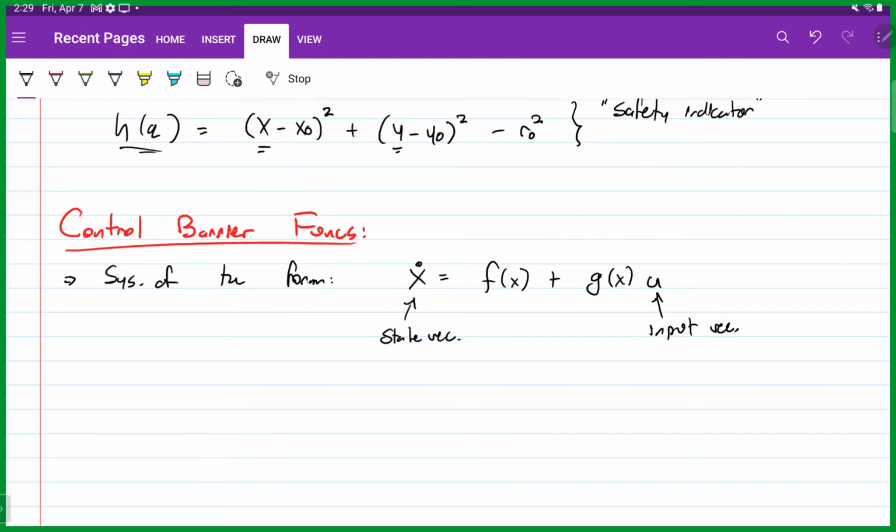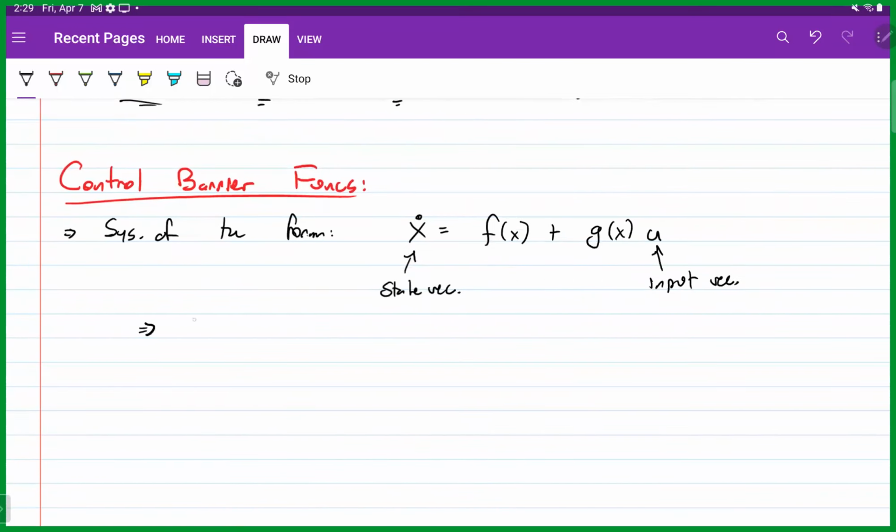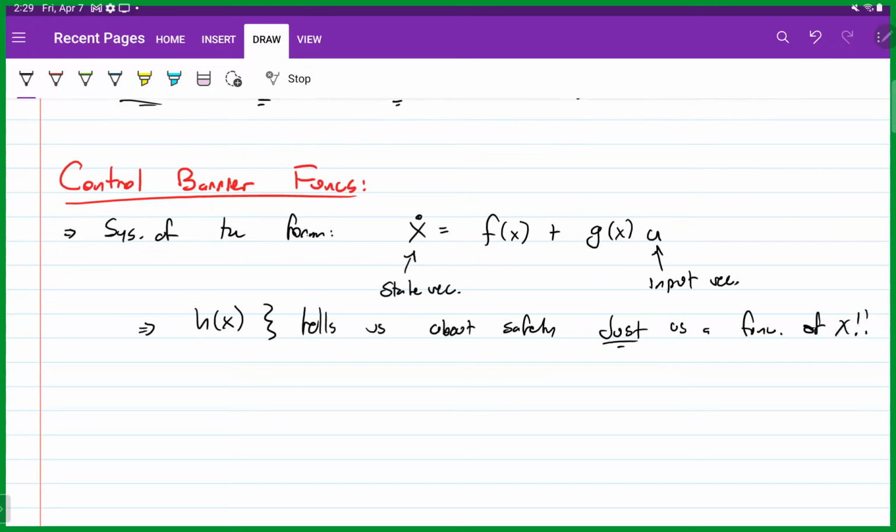All right. So far, this function h of x tells us about safety just as a function of x, right? But let's imagine some sort of scenario over here, okay?